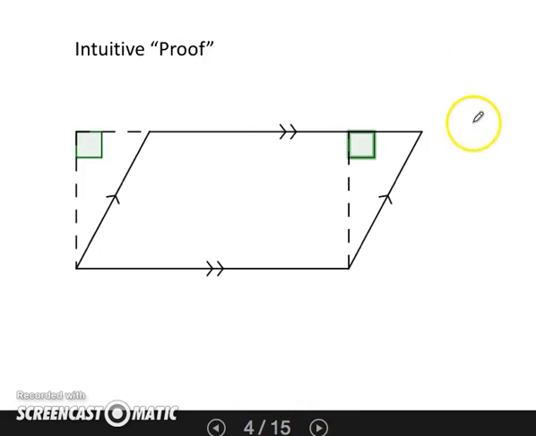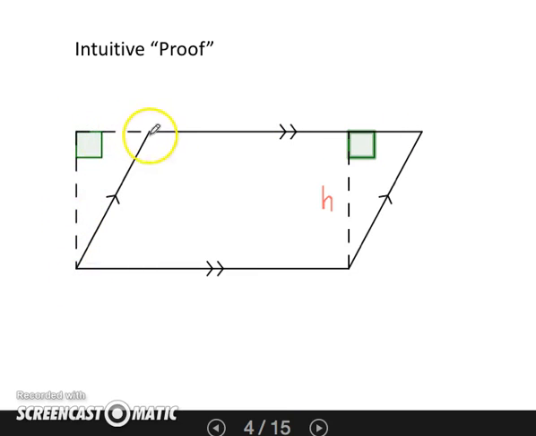Okay, we're not going to go into a detailed proof of the theorem that gives us the area of a parallelogram, but I'll give you a sketch of a proof just so that you can have an intuitive idea of what it would be. So what I've done here is I've drawn the height as I just showed on the last slide, and then I've extended this line and drawn another perpendicular line here.